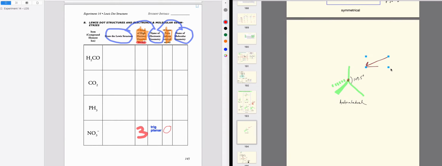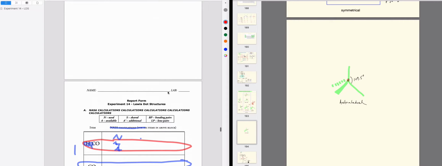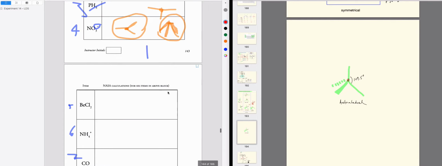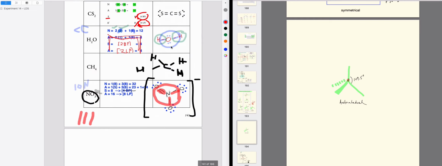Okay, here we go. So this is water, right? We agreed water is tetrahedral. Now, how many lone pairs are there about the central atom? For water, we said there's two.